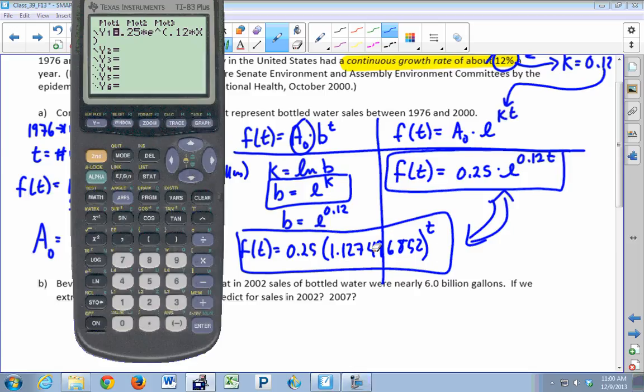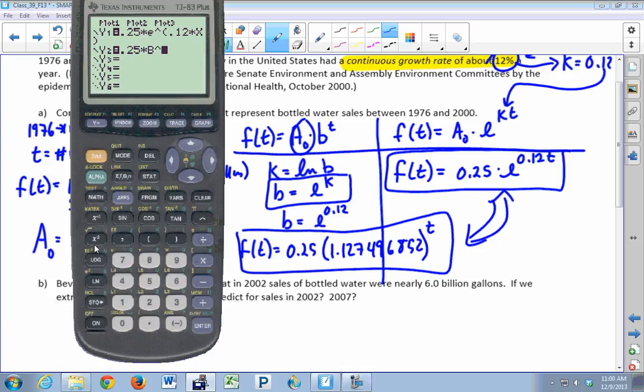Again, if you round this off at all, your numbers are going to come out different. So I've put this number, E to the 0.12, under the name B. Now when I put it in here, I'm going to do 0.25, and recall B by hitting alpha B. Whoops, I hit alpha C. All right, alpha B. There it is. So now I'm not going to be truncating it or getting any rounding error, and that's raised to the X power.